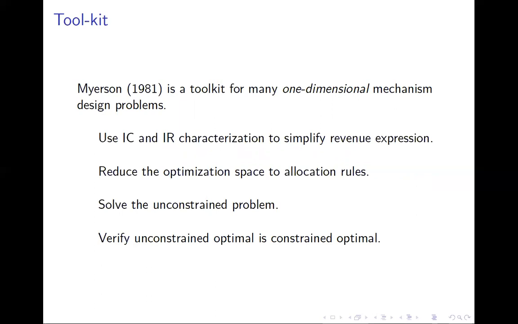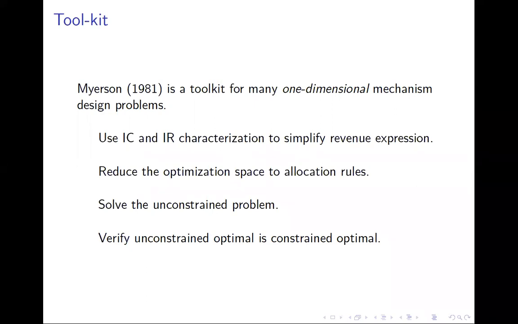Those characterizations go through in many other one-dimensional mechanism design problems. As long as your type is just one number, which is the case here, the value of the agent, many of these problems can be characterized by similar non-decreasingness and revenue equivalence formulas.